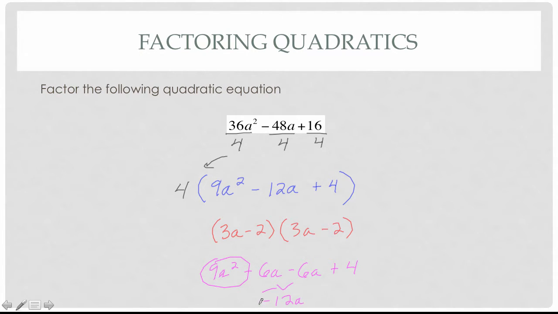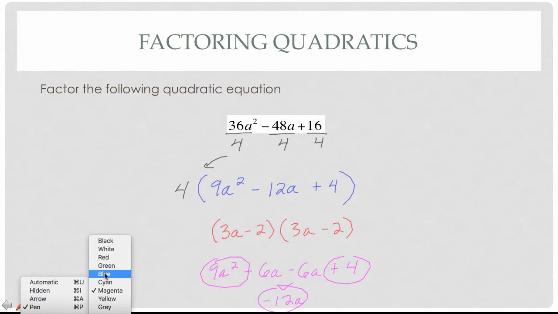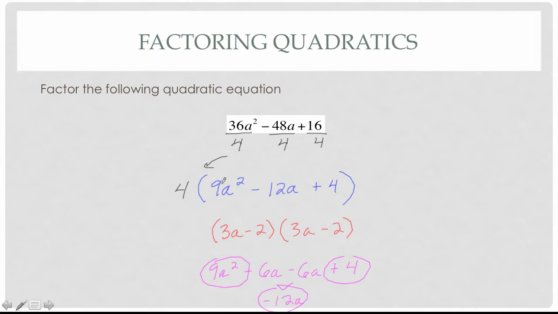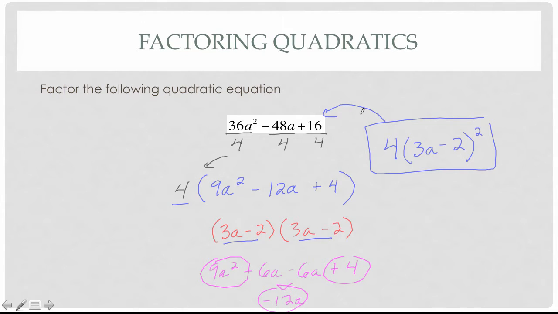So I've got everything that I want, but I can go one more step and say this factors into 4, which I had in the beginning, times 3a minus 2. But since I have 2 of them, let's do 3a minus 2 squared. And there is the factored form of that trinomial.